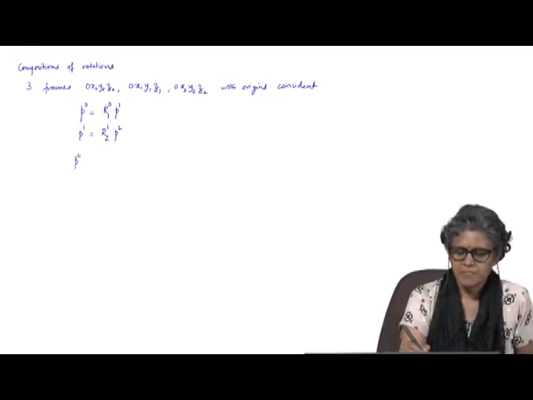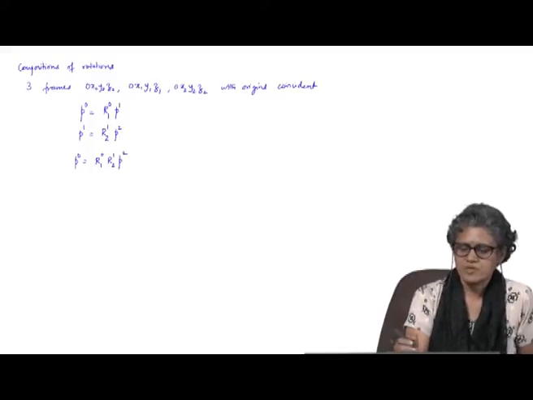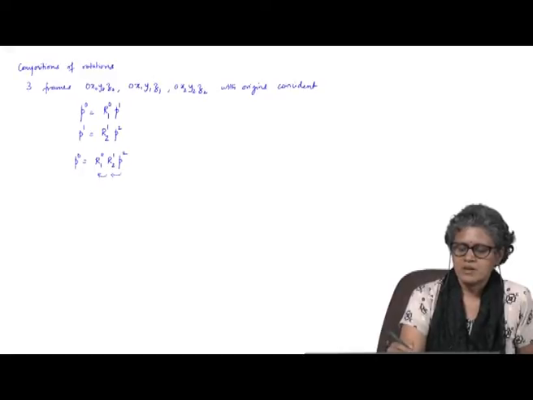Then P0 is R10, R21, P2. So you can see it goes like this. You can think of it as these terms cancelling out, right, 2 and 2, 1 and 1, cross terms cancelling out.